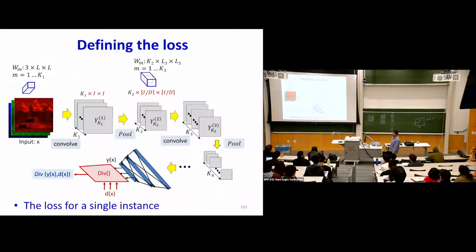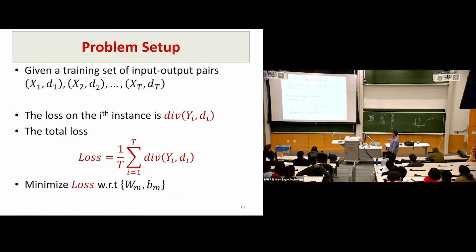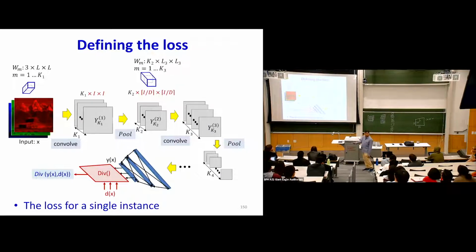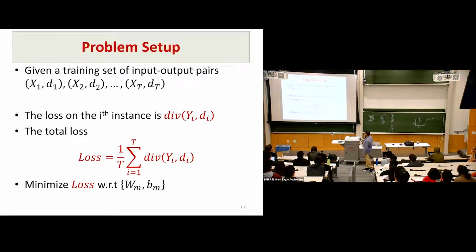So you would start off by passing your training data. Remember, here's your problem setup, right? You have a collection of training instances, each one a data instance and the corresponding label. You want to compute the output of the network for each instance, which is to say you pass the data through the entire network. Then for each instance, you compute the divergence between the current output of the network and the desired output.